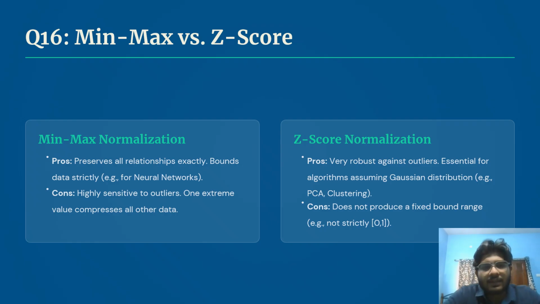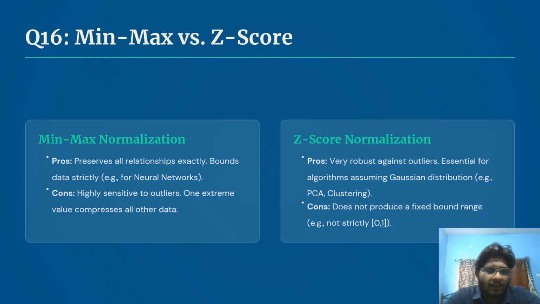Now comparing min max versus z score. First, the characteristics of min max normalization: it scales values into a fixed range, usually 0 to 1, preserves relative distance, and is simple to compute.